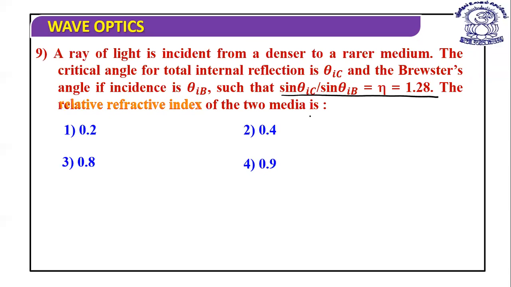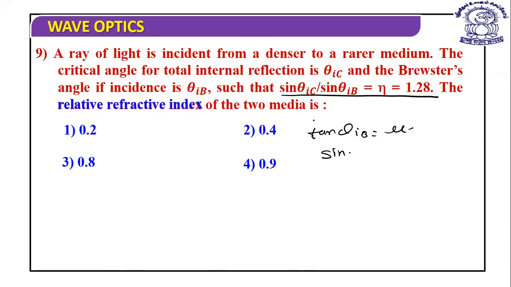Here it is given that sine theta IC upon sine theta IB is mu. We can write tan theta IB is equal to mu.